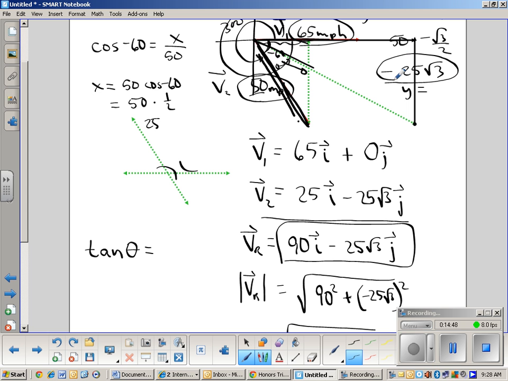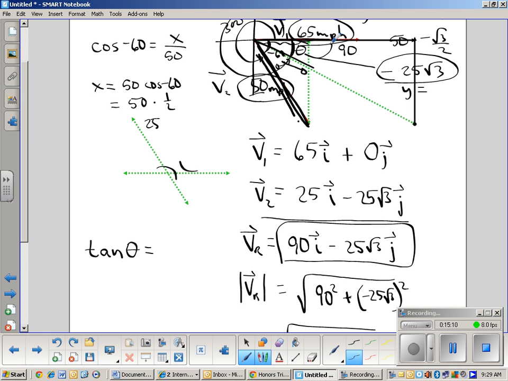My X component was 90. And so the reason I want to use tangent, and we already have a 90-degree angle, is because from this angle, this is opposite and this is adjacent.